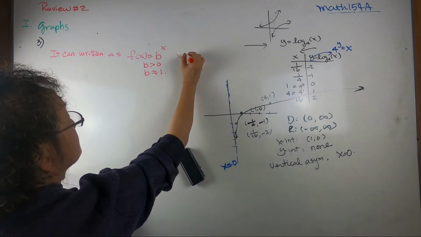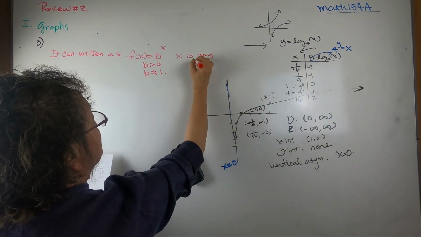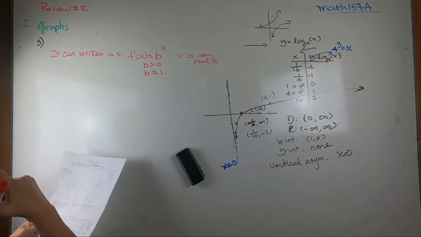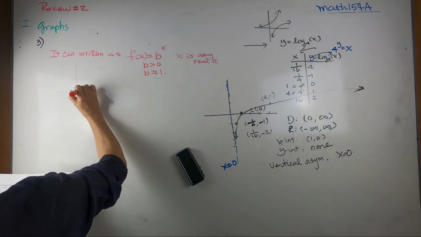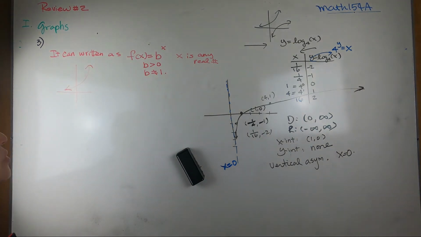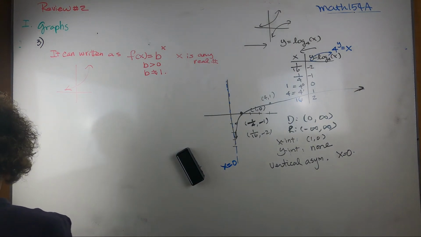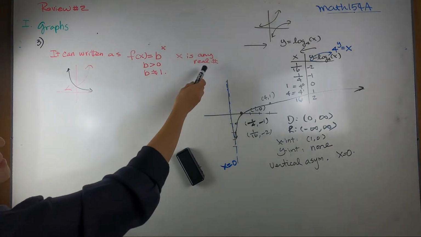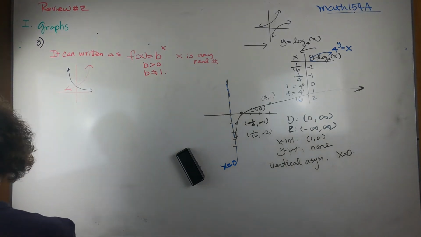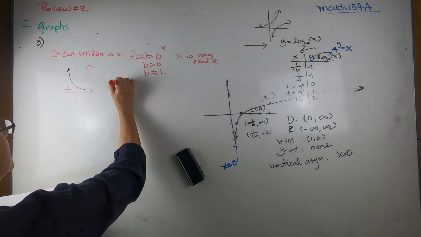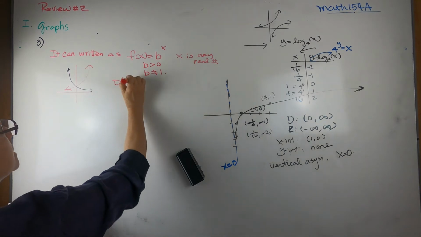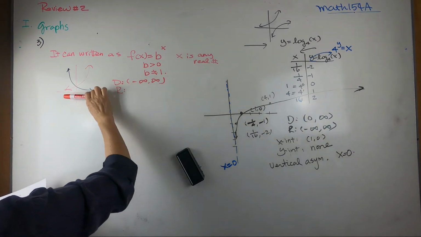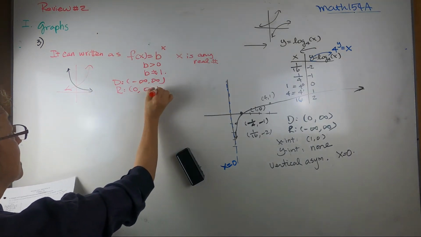What's your x? x is any real number, right? Because you can put anything there. So your graph will look like this. Okay, that's growth. Then if it's a decay, that will look like this, with a negative x, right? So what's your domain and range in general? Domain is all real numbers for x. Range is 0 up, it can't go below 0, right?